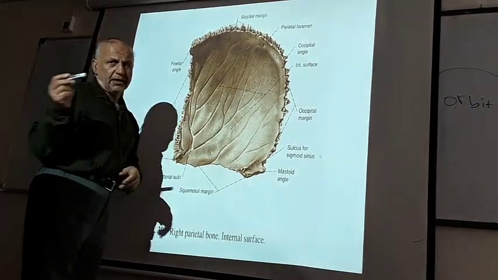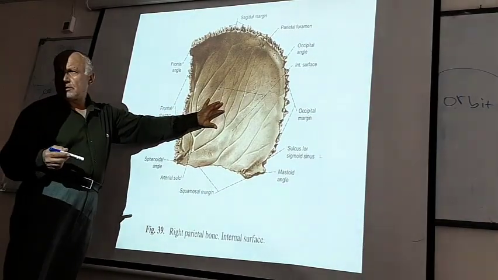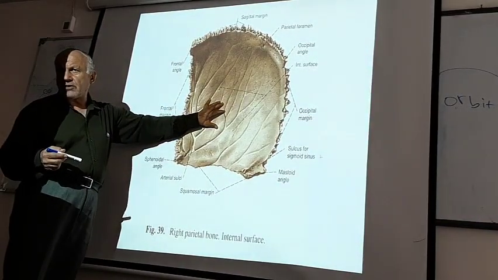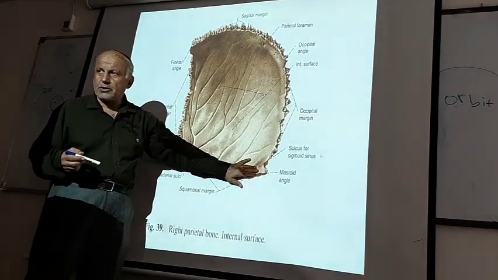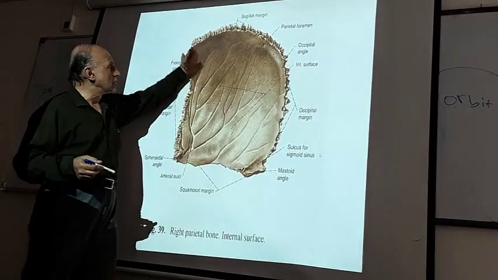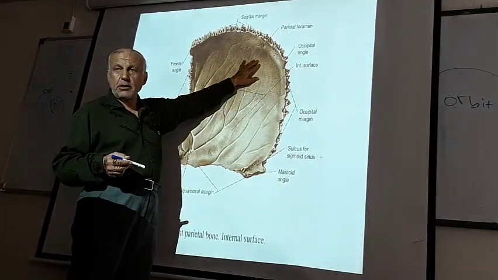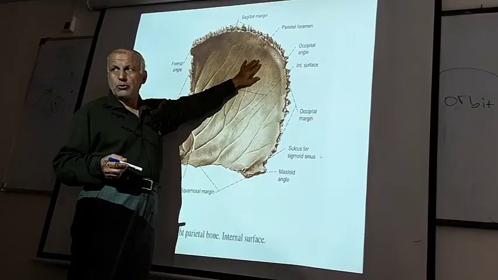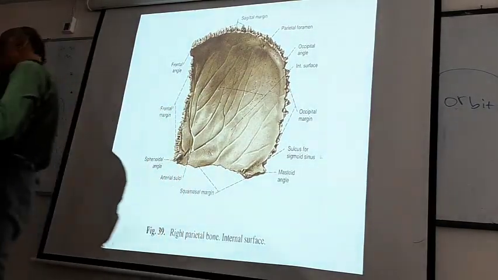Thus, in the internal surface, I told you the arterial sulcus. These are for branches of the middle meningeal artery. Then the sulcus for the sigmoid sinus, the semisulcus for the superior sagittal sinus, and the parietal foramen. Do you have any question?